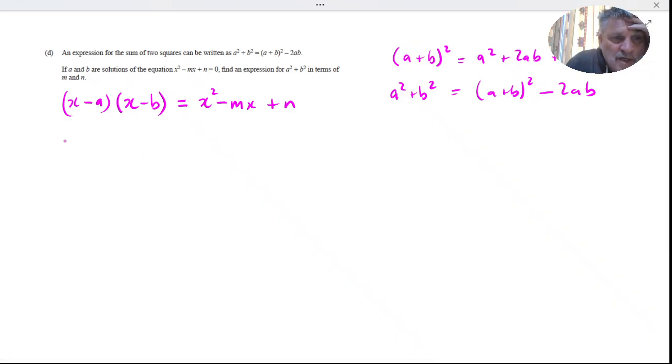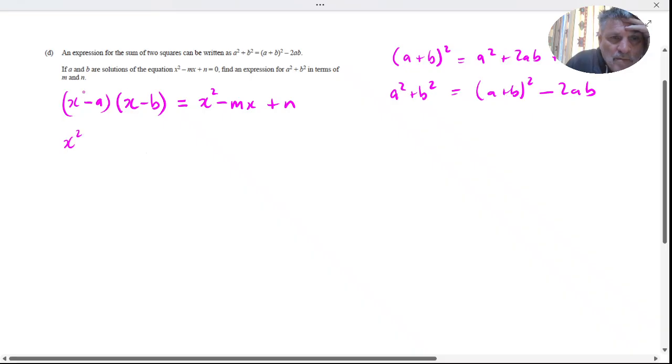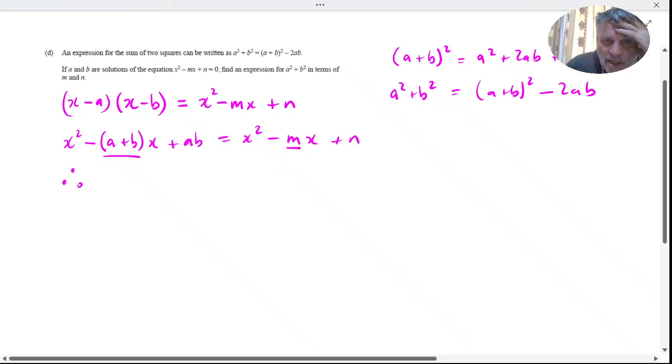If we multiply this out, we get x squared minus bx minus ax, so that's minus (a plus b)x, plus ab, is equal to x squared minus mx plus n. Therefore, this a plus b has to equal this m, and this a times b has to equal this n.